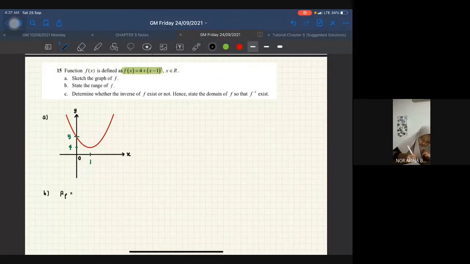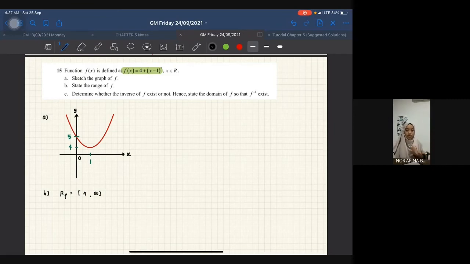Okay, so it will start with 4, close bracket. Sebab apa close? Sebab 4 tu dia sentuh. Graph kita menyentuh y 4 tu. Okay, and then dia akan move upward. Tak ada berhenti. Dia akan sambung je sampai positive infinity. Okay, so settle kat situ. Senang je. Okay, A dengan B.